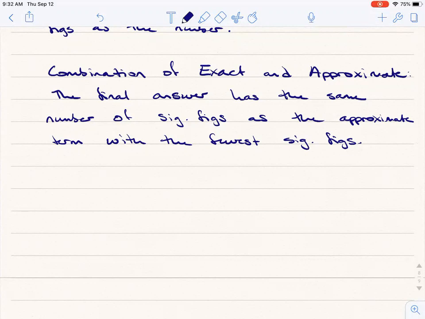And what would we do if the 15 was just 15, no decimal places? Would we need 2 sig figs at the end?